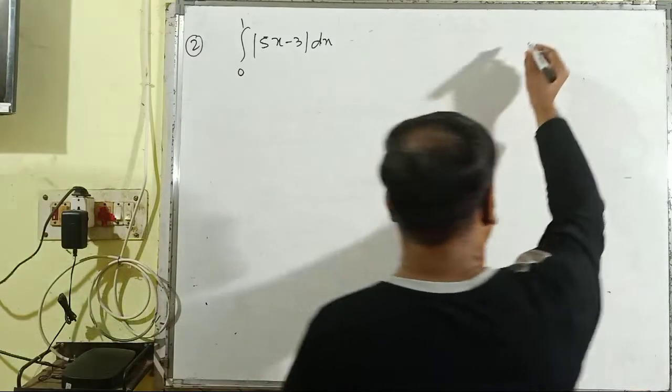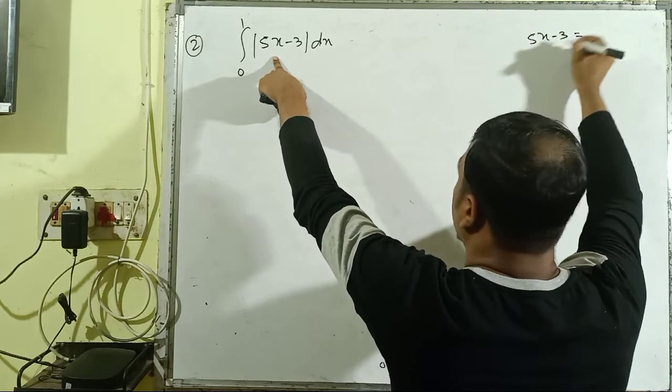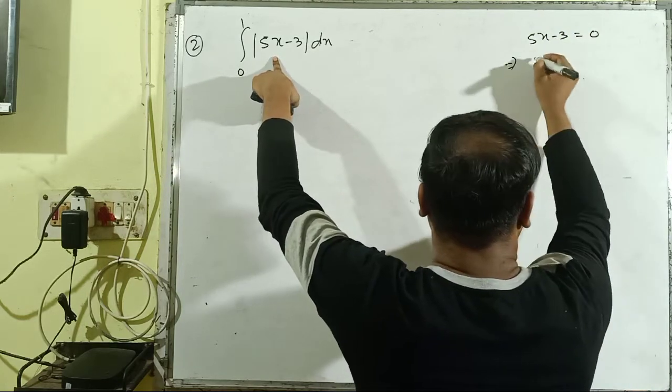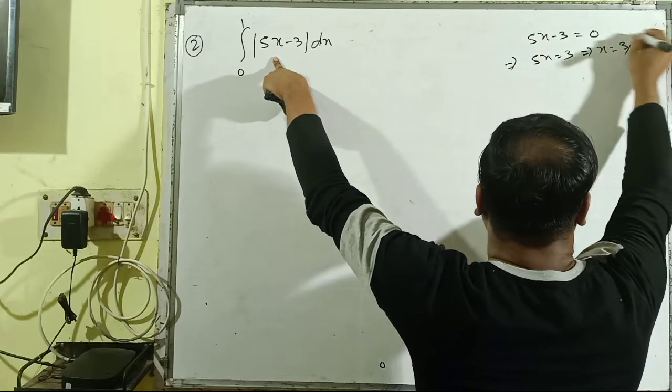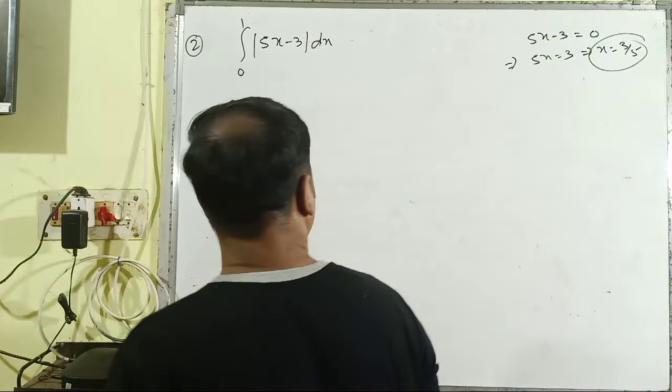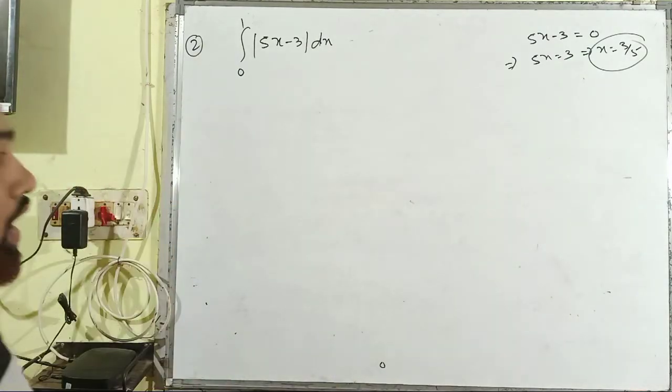To get that point, we equate the given polynomial to 0. That means here 5x is equal to 3, that means x is equal to 3 by 5. So 3 by 5 is our required point, and at that point we have to separate this integral.